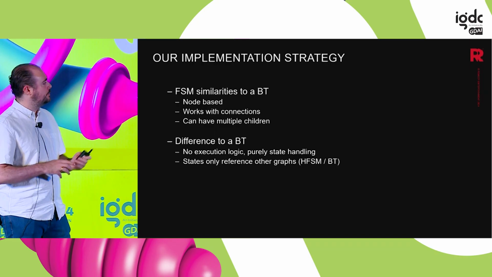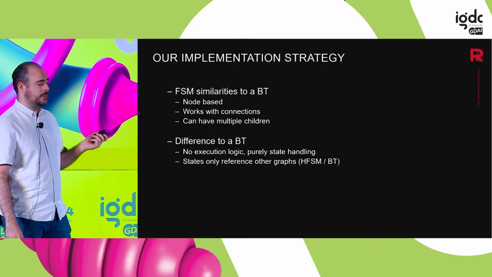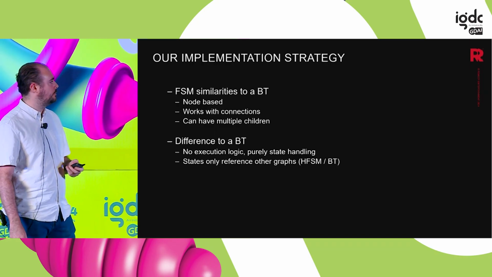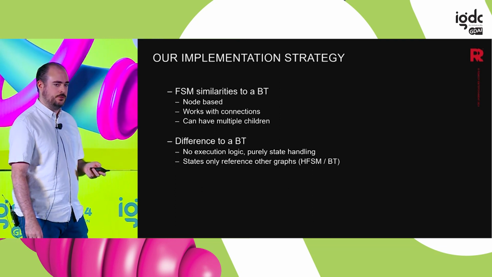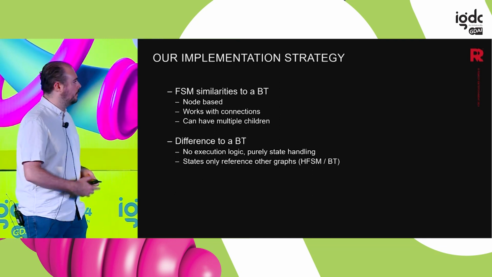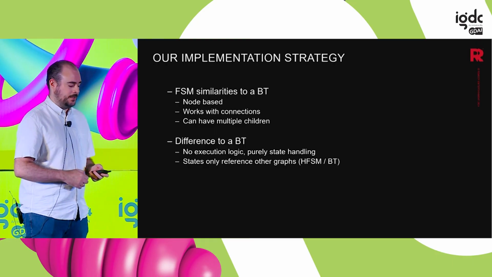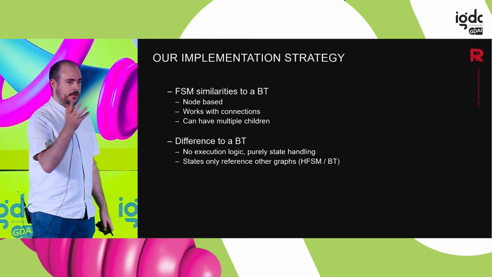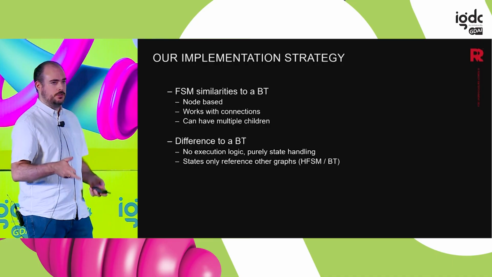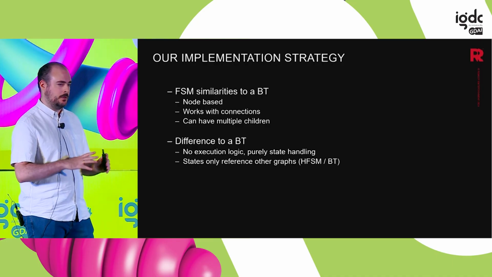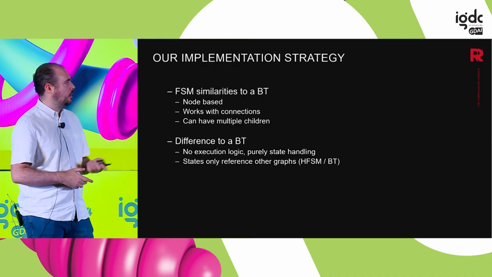But the main difference for our implementation of a finite state machine being different from a behavior tree is that our finite state machines do not have execution logic. They are purely state handling. So where the behavior tree has all these things like start moving, start shooting, and all that kind of stuff, our finite state machine doesn't have that.